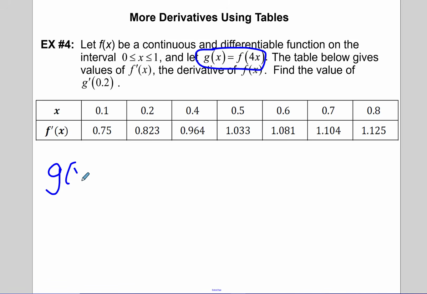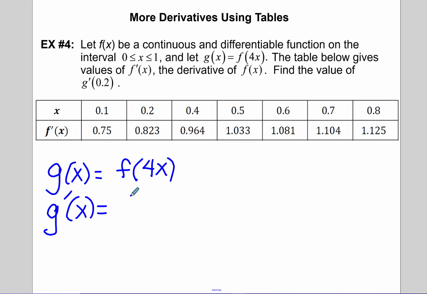So here's our g of x, it's defined here. And if g of x is defined as the f of 4x, then first, before we touch the table at all, we want to think about the chain rule. So the chain rule says to take the derivative of the outside function, don't touch the inside function, and then multiply times the derivative of the inside function, which is 4. And then we're wanting to find the g prime of 2/10.